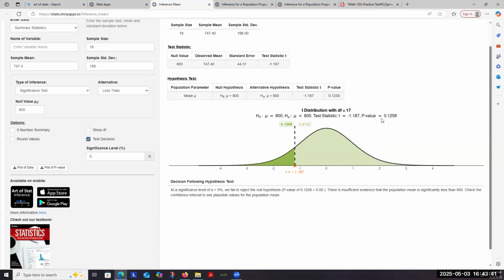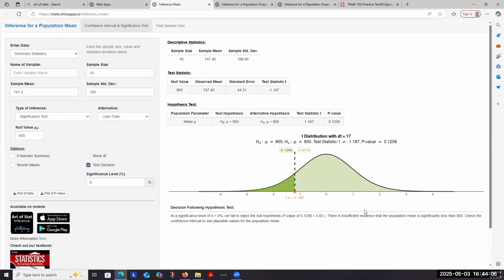So in that case, do not reject the H0. If you do not reject the H0, then you can write this, like the one I did. There is sufficient evidence that the population mean is significantly less than 800. Okay? So then you say that I do not support the claim.